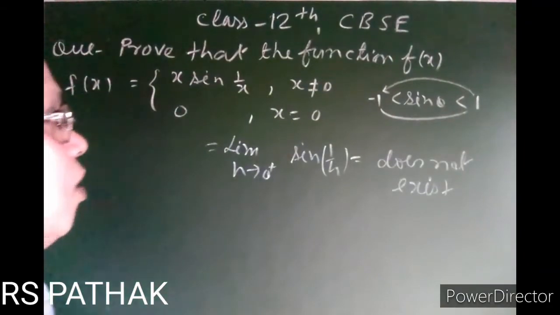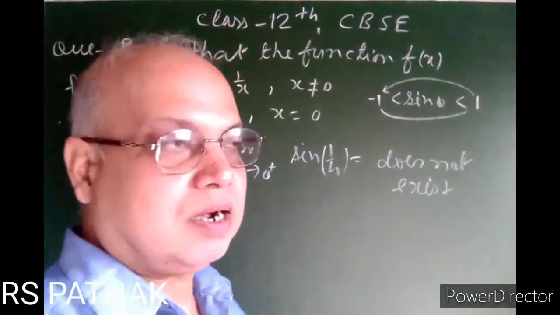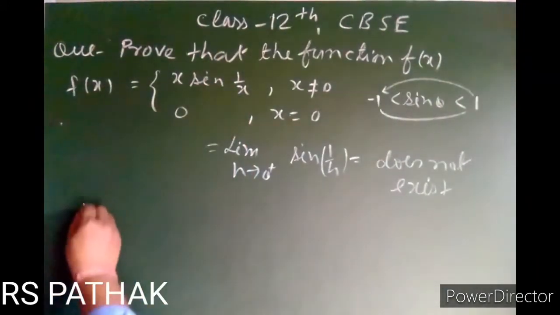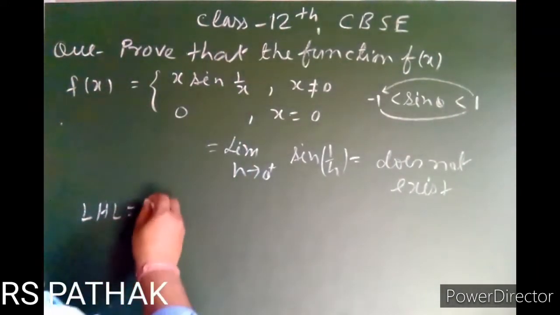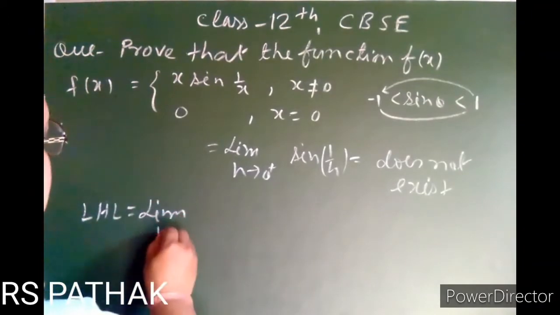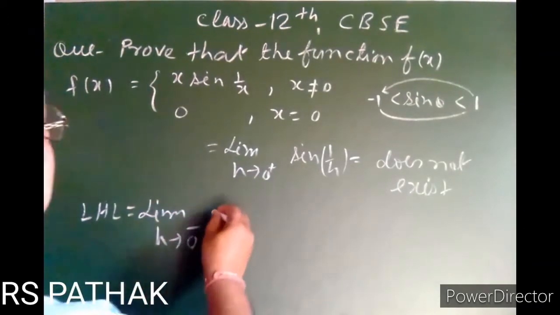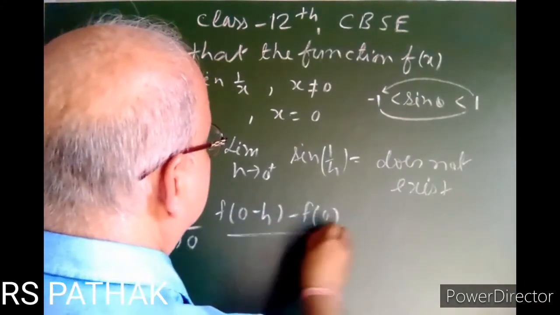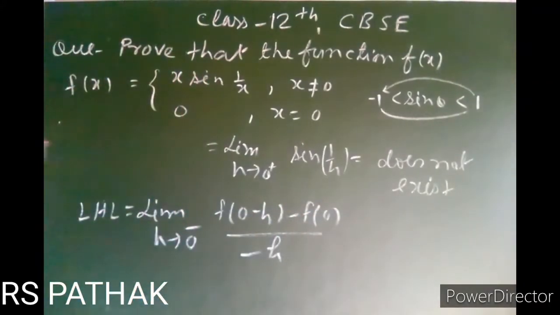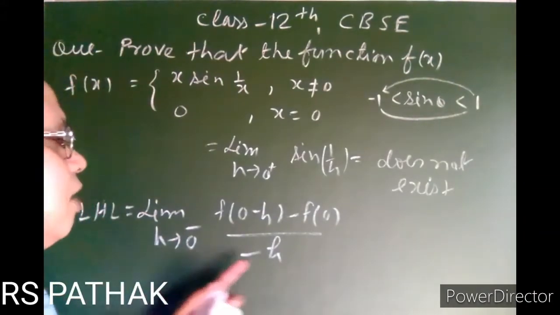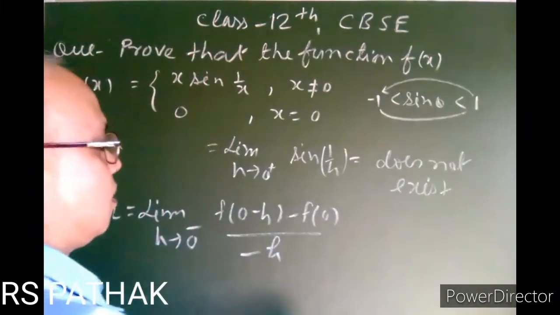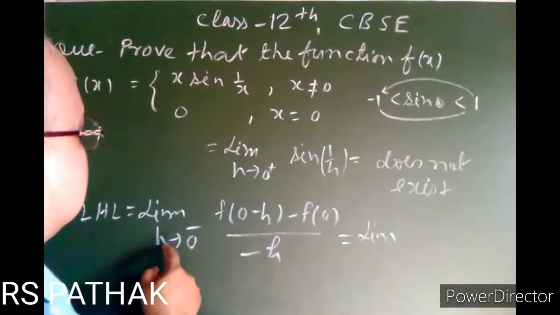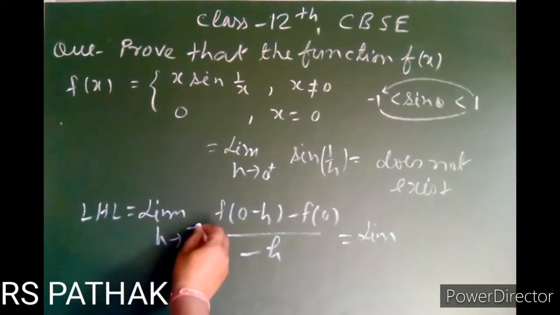Now we will find the left hand derivative. The formula for the left hand derivative is limit h tends to 0 minus of [f(0 - h) - f(0)] upon minus h. Again here 0 minus is only a symbol.